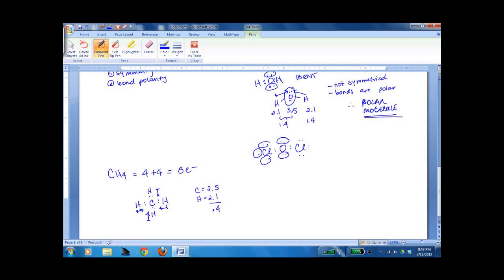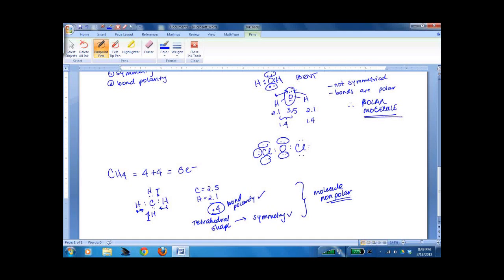However, we discussed in class that the tetrahedron has symmetry. So even though we have this slight bond polarity, it's very small. The bond polarity for each one is 0.4, but because of the symmetry, overall the molecule is nonpolar.